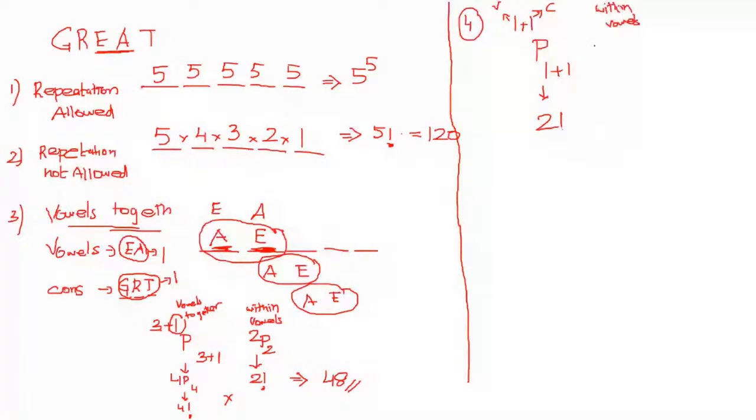Two vowels are there, so it is 2P2, which is 2 factorial arrangements possible. And within consonants, three consonants are there, they can be rearranged. So it is 3P3, which is 3 factorial. So 2 into 2 into 6, you will get 24 such words possible.